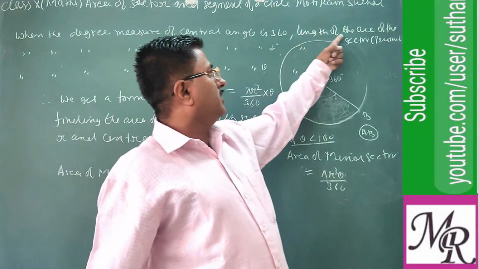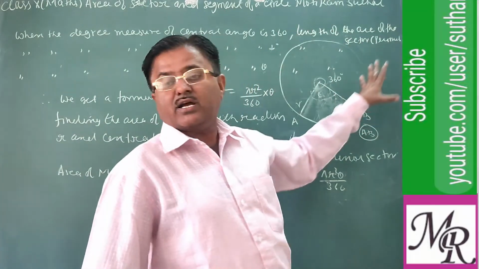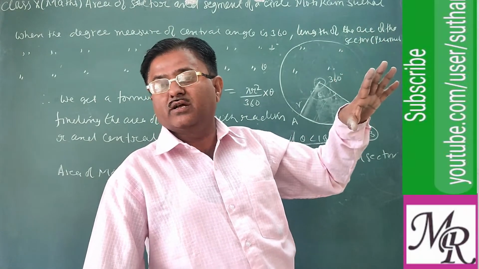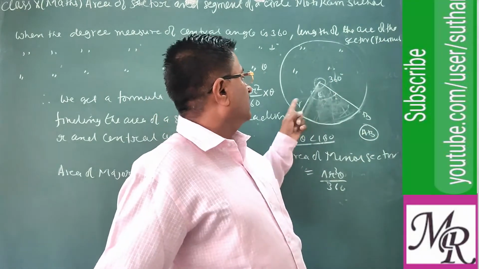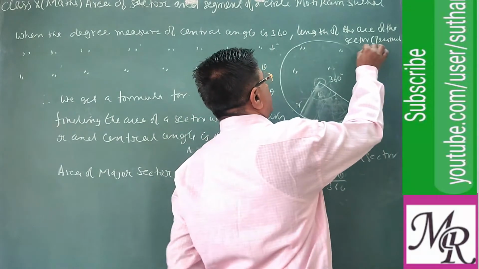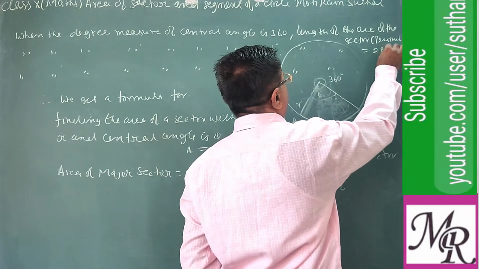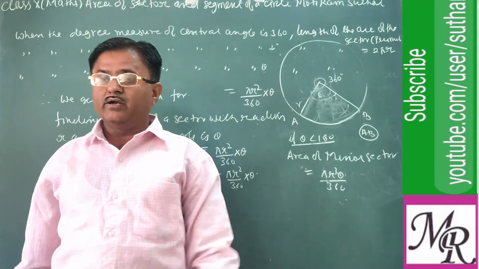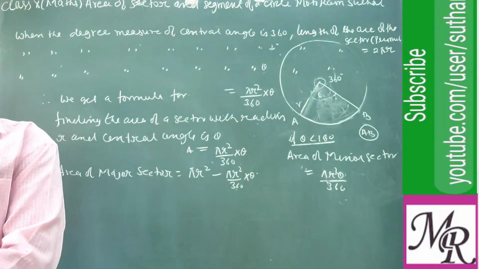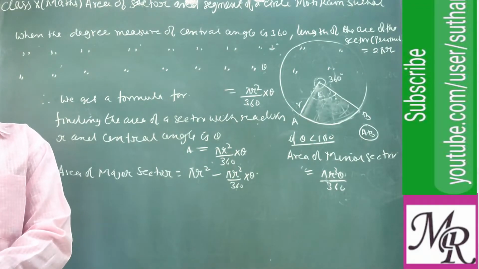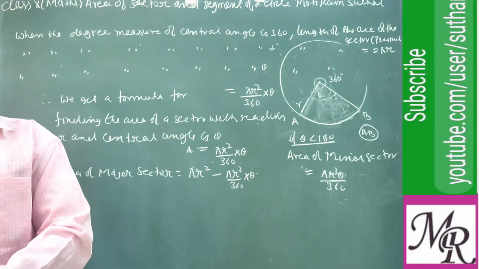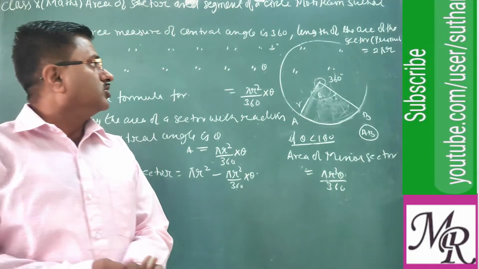Because the whole circle we are saying as a sector, its length of arc is the whole boundary, and we know the formula: 2 pi r is the length of arc of the sector when the central angle is 360.